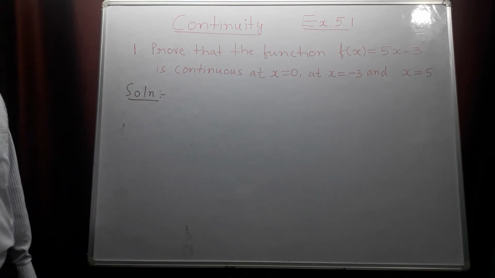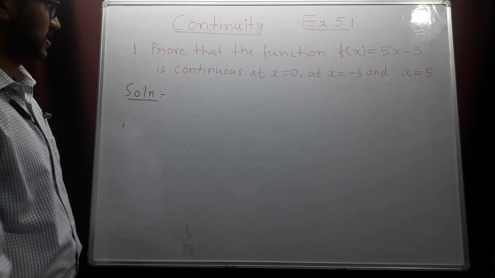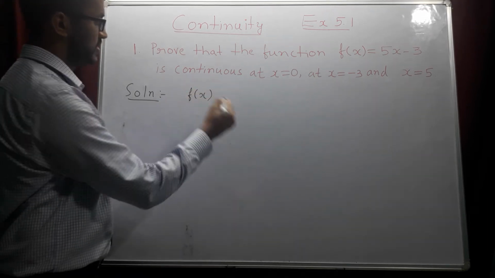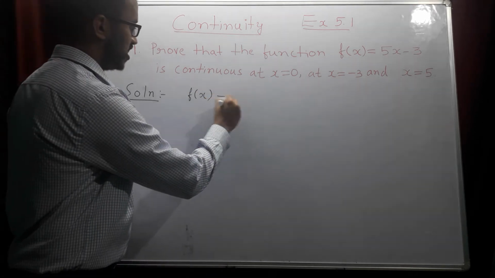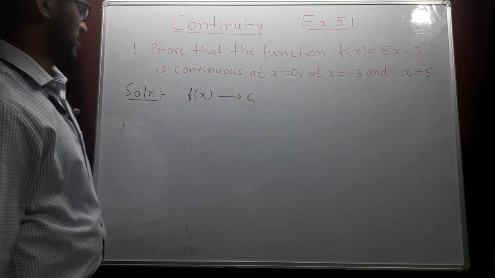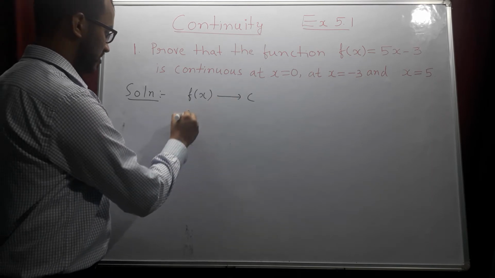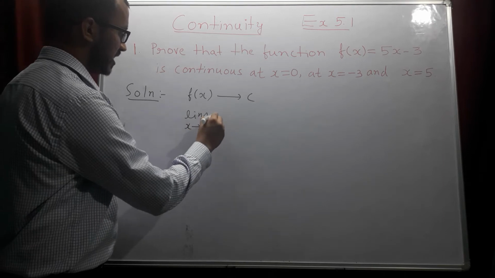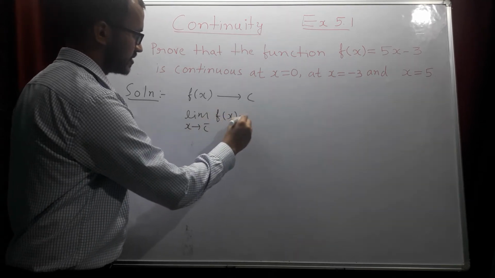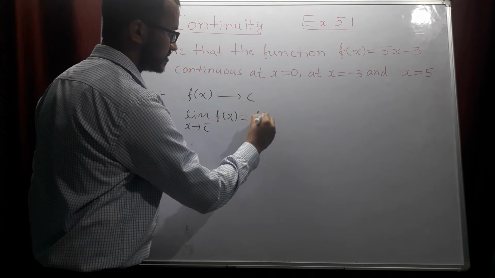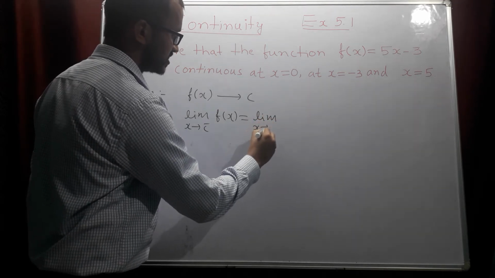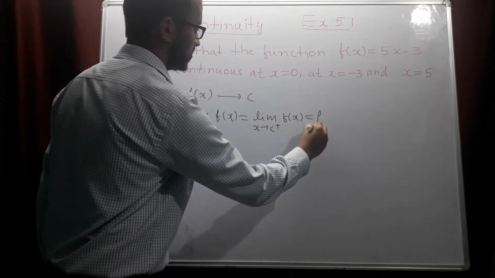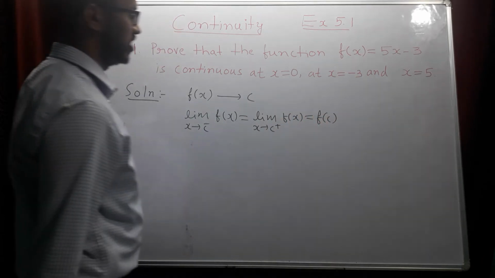So from the definition of continuity, we know that the given function f of x is continuous at a point c if its left hand limit, limit x tends to c minus f of x, is equal to the right hand limit, that is limit x tends to c plus f of x, which is equal to the value of the function at the point c.